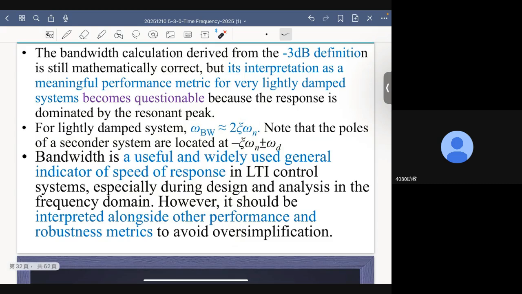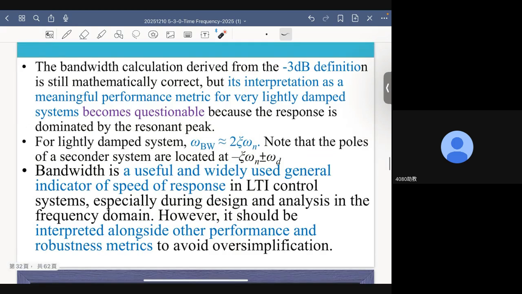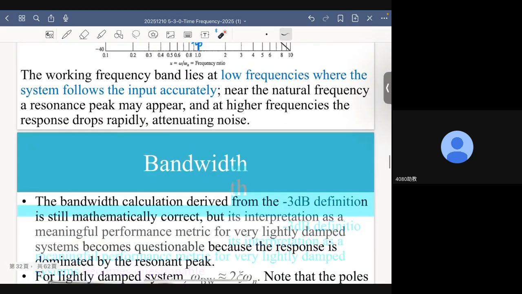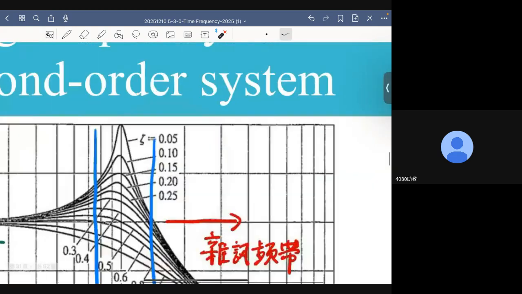So a formal definition, a more appropriate definition for the bandwidth for a so-called lightly damped system, such as a system with a damping ratio of 0.05 or 0.01 or 0.15.